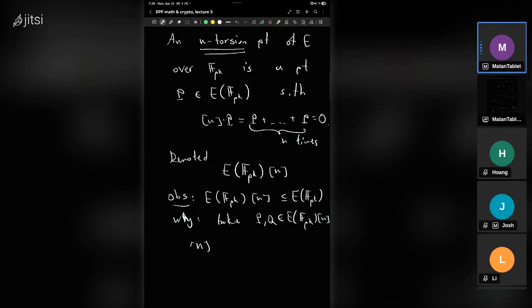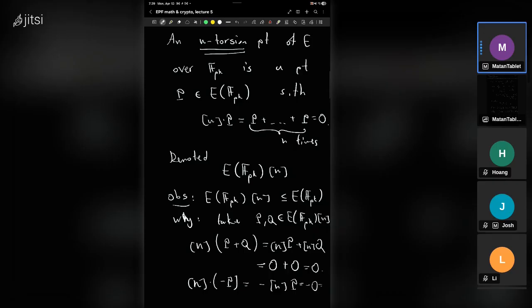Now I need to check that if I multiply P plus Q by N, I get O. But by arithmetic, this is NP plus NQ. And P and Q are torsion points, so each of them is nullified by N. And similarly, if you multiply minus P by N, this is minus of NP, which is minus O, which is O. So this is a group.